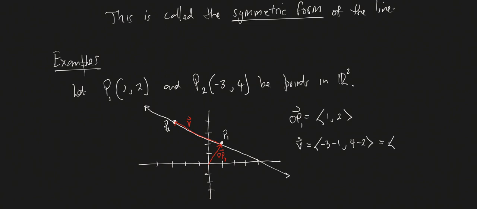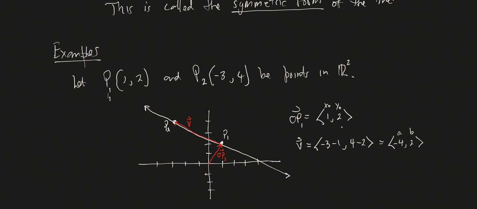So here is the direction vector of my line. There's a change of -4 in my x, and then +2 in my y. So as far as the formula that we wrote down earlier, this is x0, y0, and then this is the a and the b.